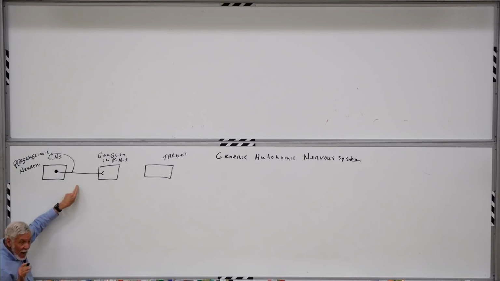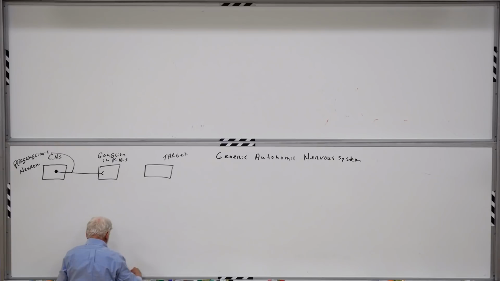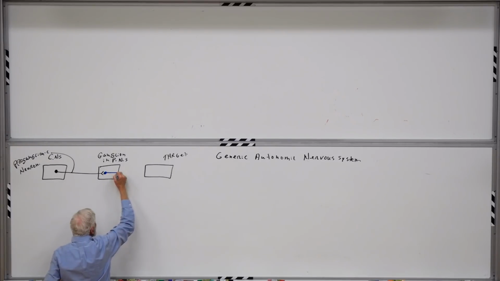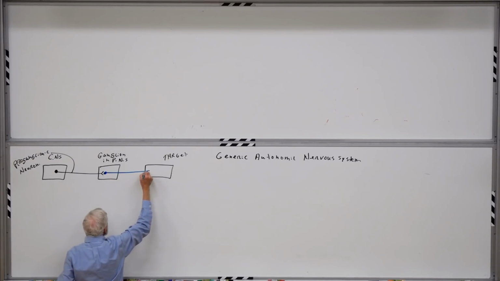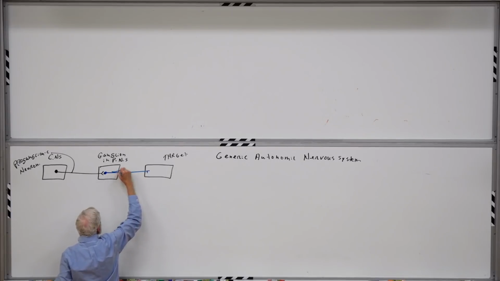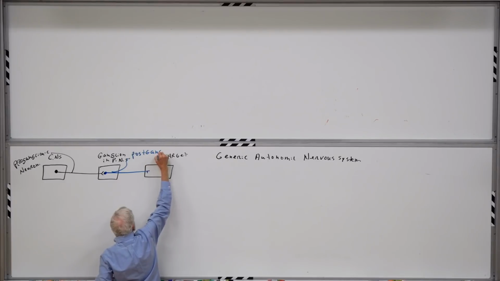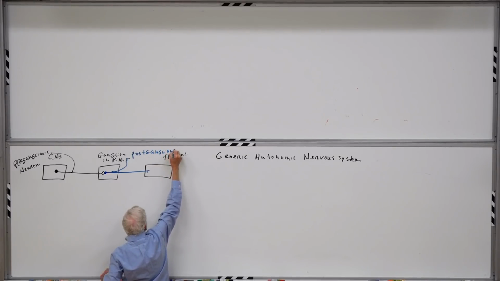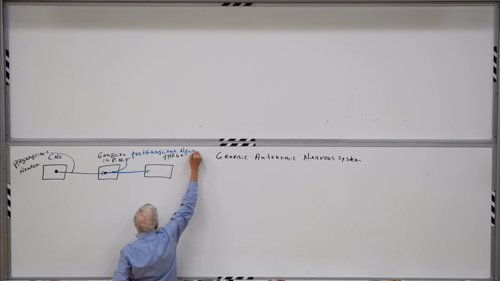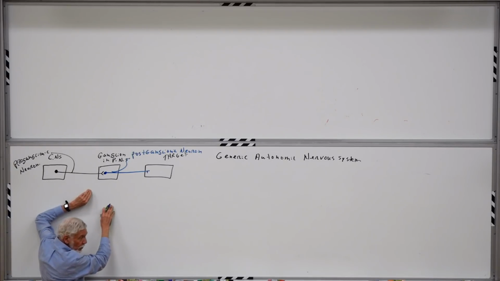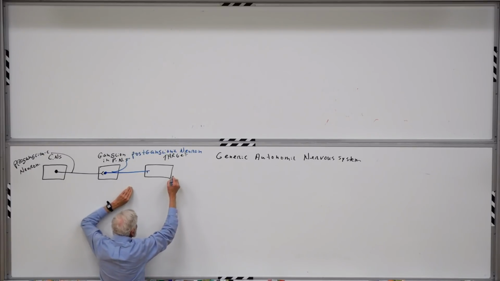They send a process out into the periphery. And these preganglionic neurons synapse onto the input region of these blue neurons, whose name is the postganglionic neuron. So simply put, pre synapses onto post. Post then innervates the target.